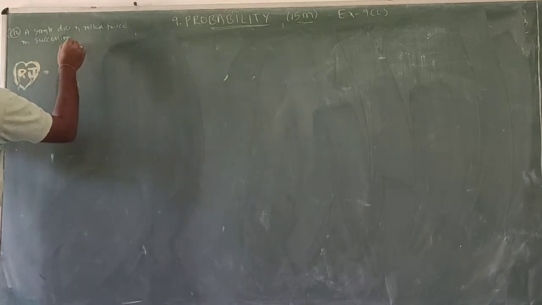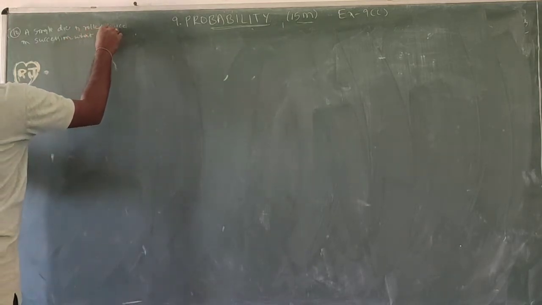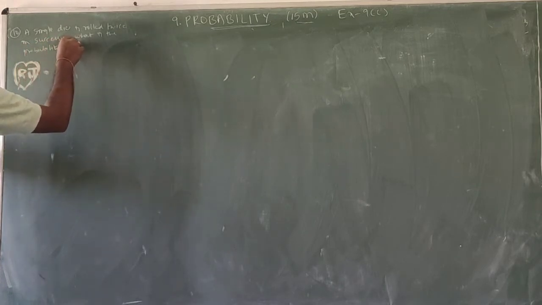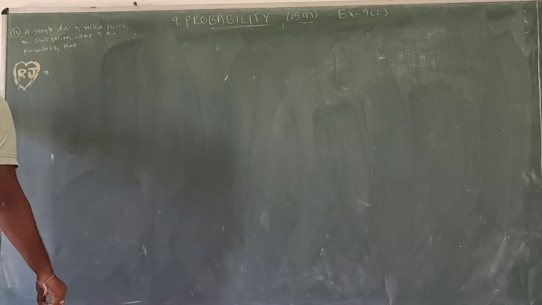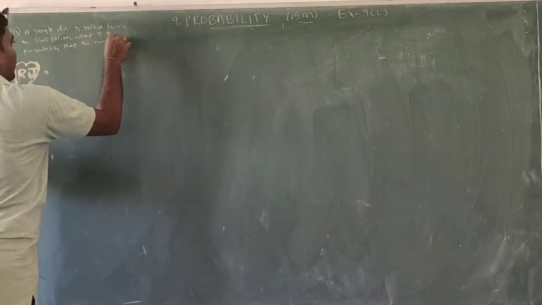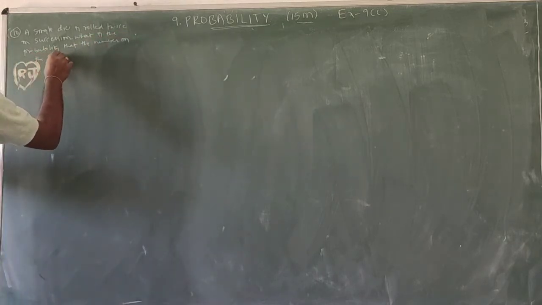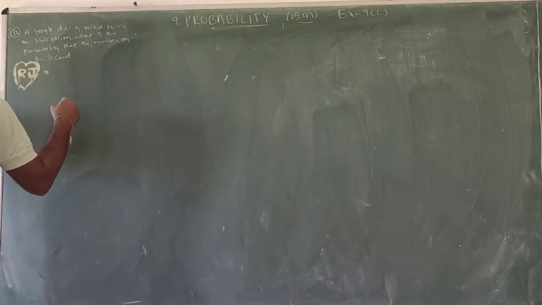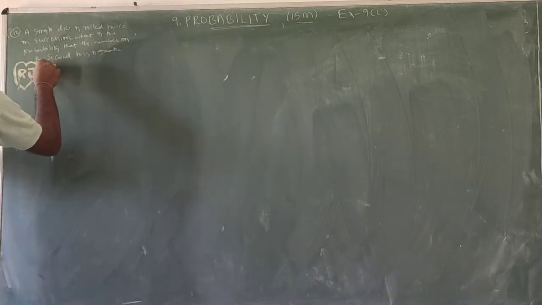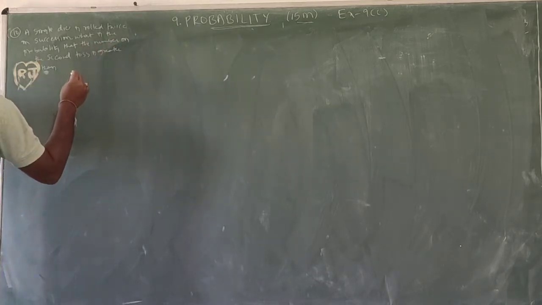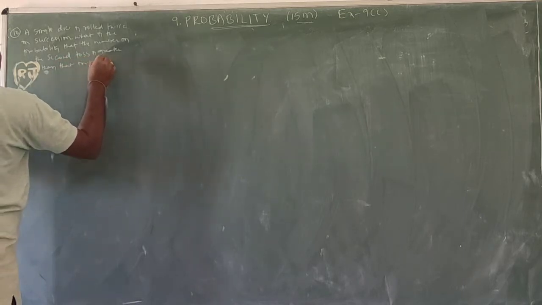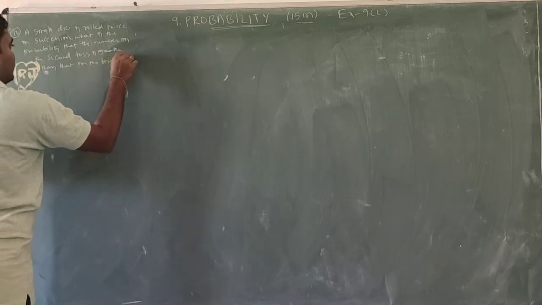What is the probability that the number on the second roll is greater than that on the first roll?